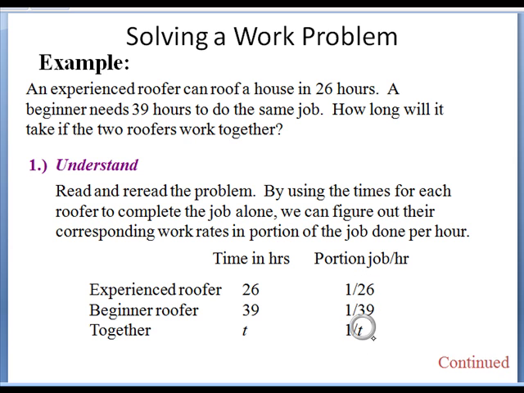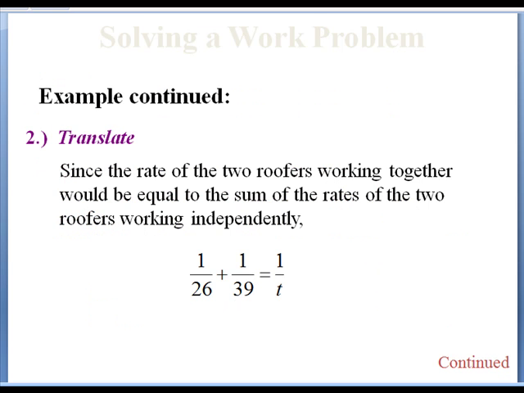So this is the more reasonable way to compare them, right? Since the rate of the two roofers working together would be equal to the sum of the rates of the two roofers working independently, I take 1 over 26 plus 1 over 39 equal to 1 over t.